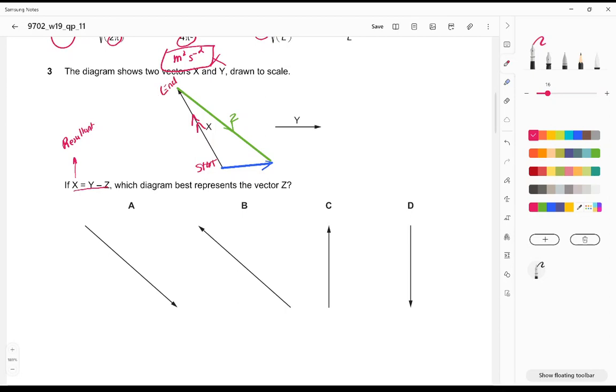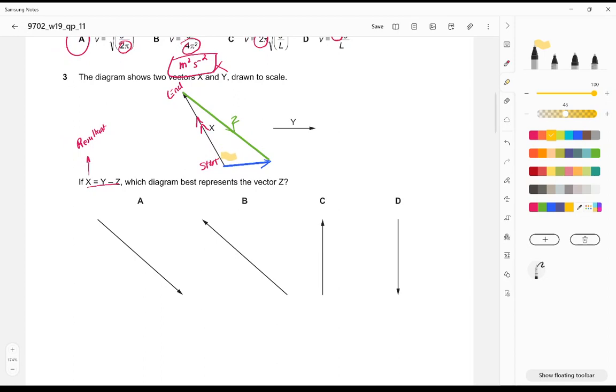There are two paths that can be taken to reach the end point. One path directly follows the resultant path, so that works out, but there is another path. We can go around this way. We can follow this path as well. So this is actually y, so I'm just going to write y over here.